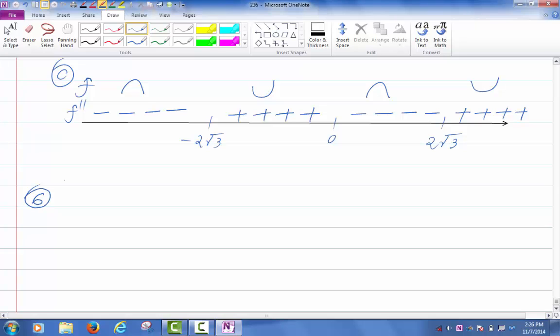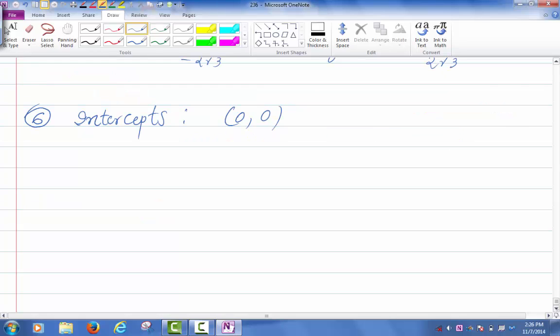So what points do I need to plot? Well, I need to plot the intercepts. So let's recall what are the intercepts. I think we found only one intercept, right? Am I correct? Look back into your notes. I think we got only one intercept. Now, in step number 4, we got two critical points, right?